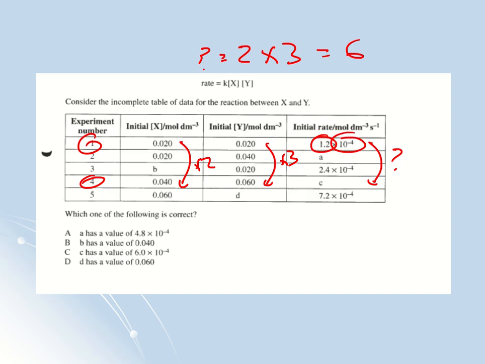It's gone from 1.2 times 10 to the minus 4, up by a factor of 6. Let me get my calculator: 1.2 times 10 to the minus 4 times 6, so the new rate should be 7.2 times 10 to the minus 4, not 6 times 10 to the minus 4.